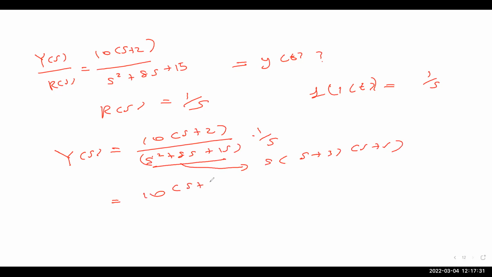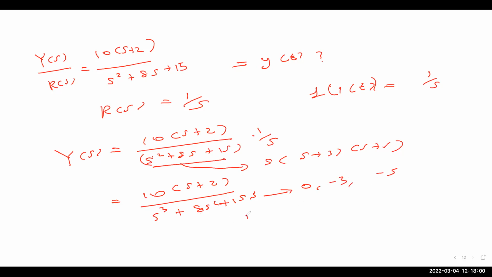10s plus 2. What I can do here is multiply this and write it as s cubed plus 8s squared plus 15s, right? Then if you type this in your calculator and get the roots, you'll get 0, minus 3 and minus 5.